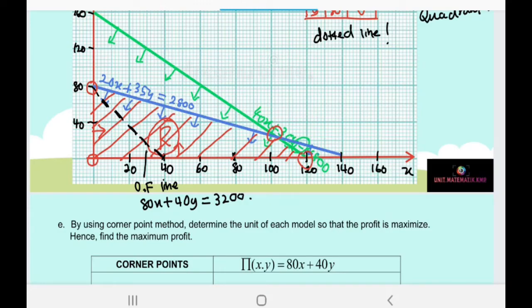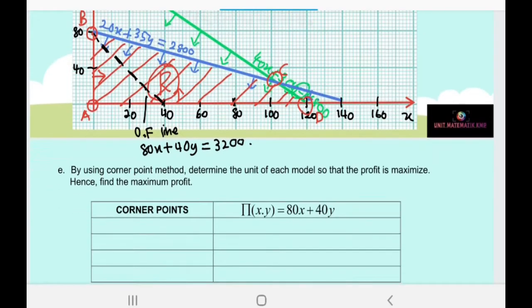So all the shaded region is the feasible region, and all the points at the corners of the feasible region are called corner points. Okay, so we can put it A, B, C and D.